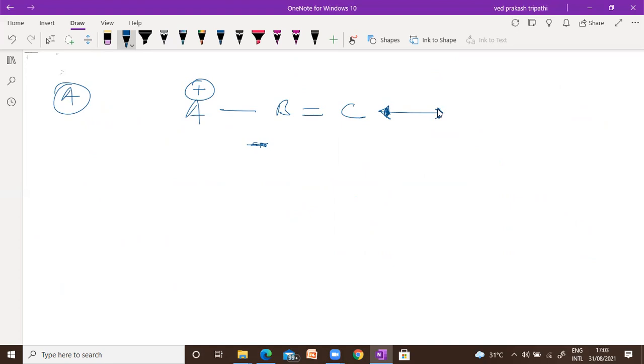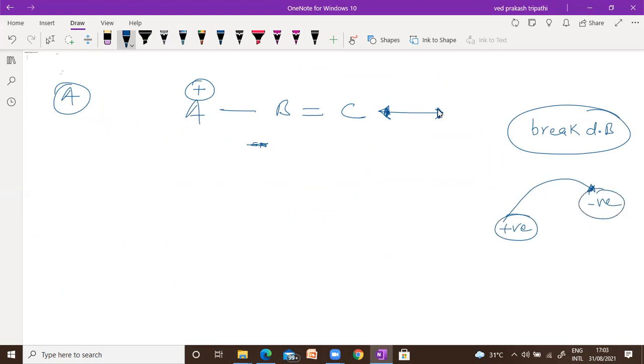And in resonance structure, you will have to break your double bond. The first thing is to break the double bond. And the head of this arrow is very important. The head of the arrow means negative charge and the tail of the arrow means positive charge. Head and tail are very, very important.